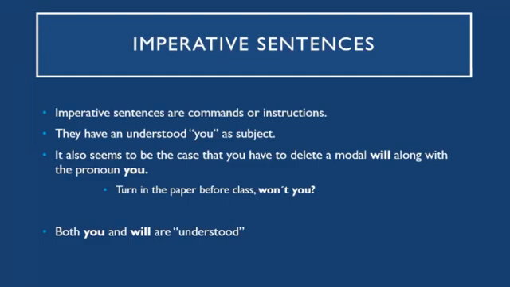It cannot be she, we, or I. It's like, finish the assignment: you finish the assignment. Come here: you come here. I cannot say, hey, she, come here. I cannot say that, right? So you is always the understood subject.